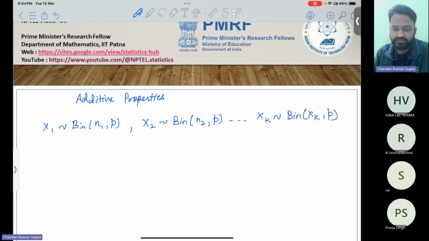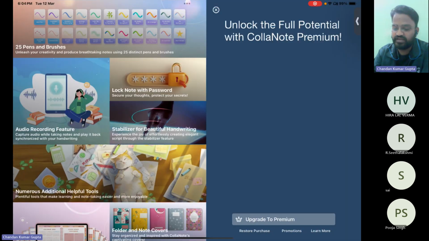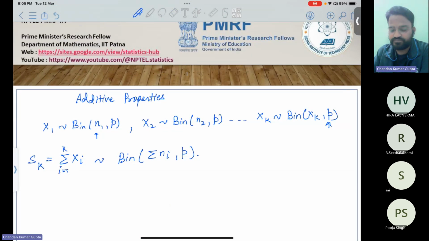We have different random variables that follow the same distribution, binomial with different n parameters and the same p parameter. In this scenario, the summation of Xi, which is Sk, from i equal to 1 to k, also follows a binomial distribution with parameters summation of ni and p.